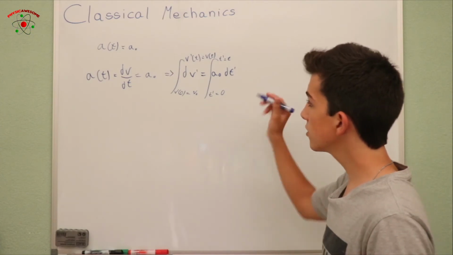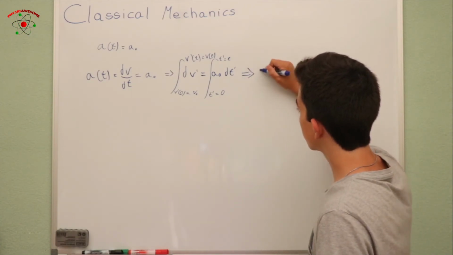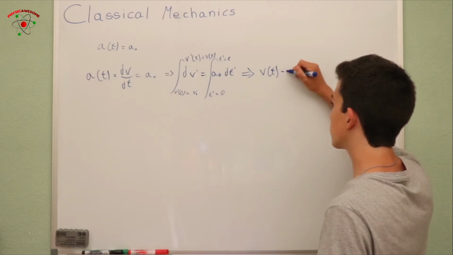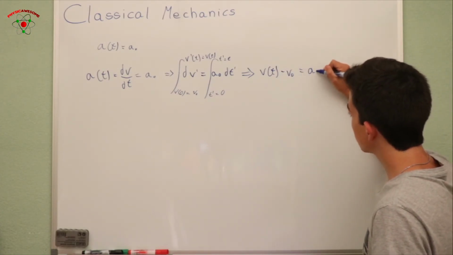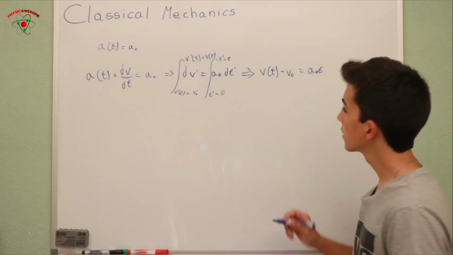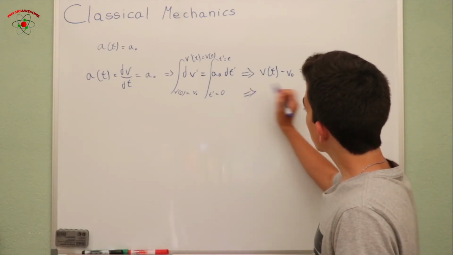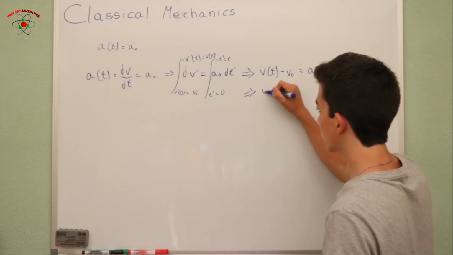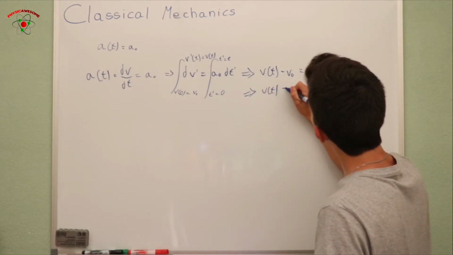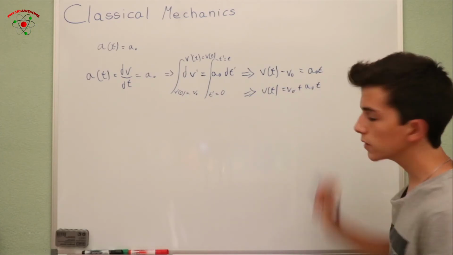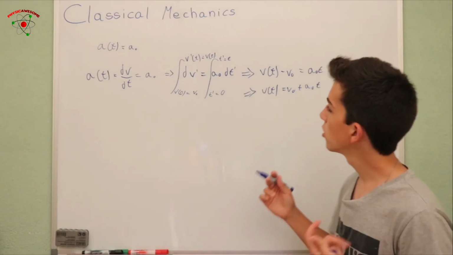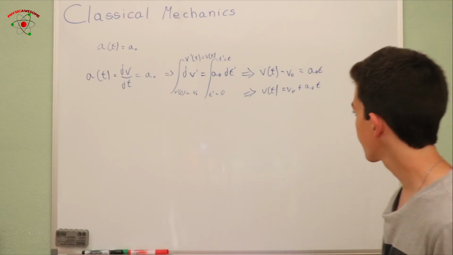And if we carry out this integration, this is going to be v of t minus v sub 0 equals a sub 0 times t. And if you look closely, this is one of the formulas that are usually used in kinematics. It just came from the definition of acceleration.